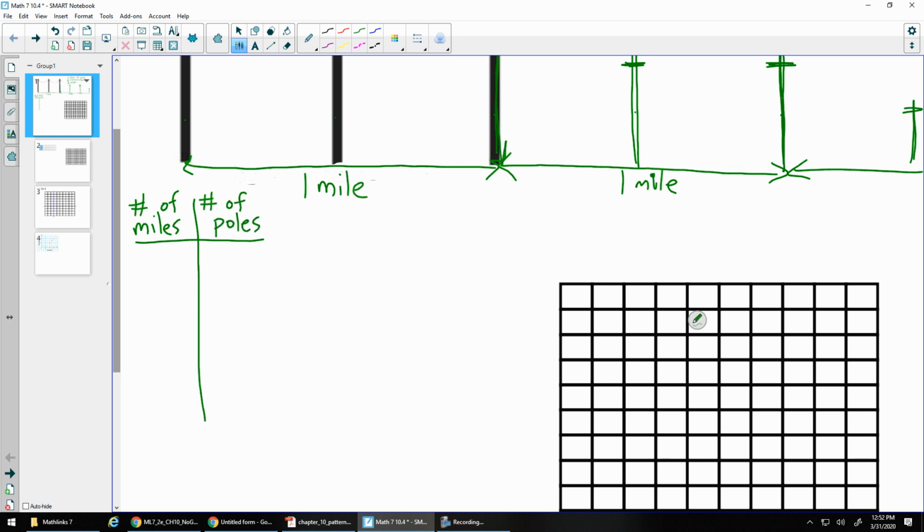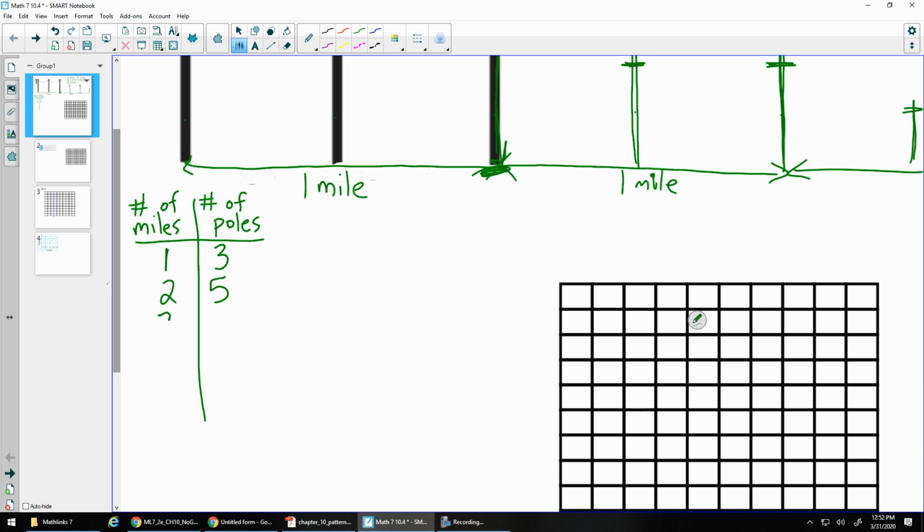So we already saw that in the first mile, if you just have a 1 mile stretch, you need 3 telephone poles. If you're going to have a 2 mile stretch, for there to be 3 telephone poles every 2 miles, you're going to need to add 2 more telephone poles because the 1 telephone pole is shared by both miles. So you'll add 2, and you're going to need 5 telephone poles total.